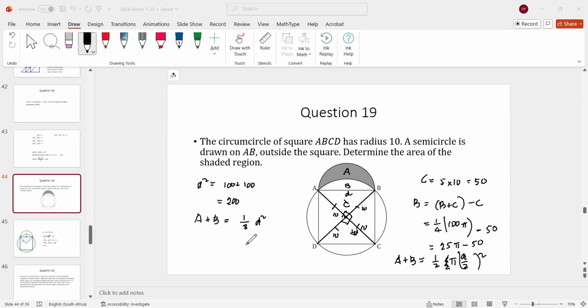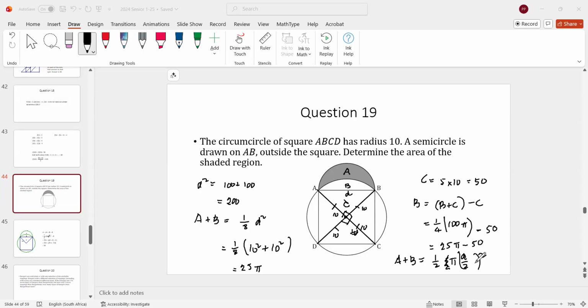It's 1 over 8 into 10 squared plus 10 squared. This theorem of Pythagoras is so powerful. So you've got 100 plus 100, which is 200. 1/8 of that is 25 pi, actually.